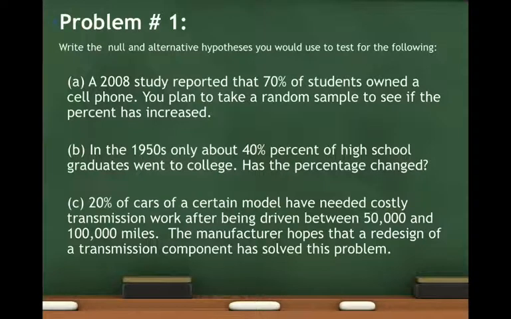Has that percent changed? C, 20% of cars from a certain model have needed transmission work. The manufacturer hopes that after redesign, that has now solved the problem. So pause the video and write out your hypotheses.